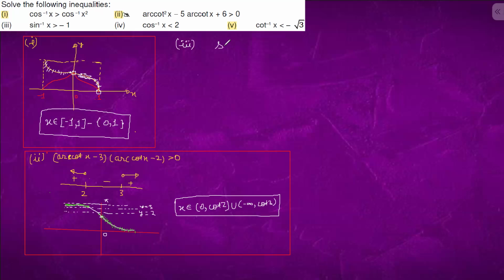Sine inverse x bigger than minus 1. Then first what we'll do? We'll plot a coordinate axis and draw a sine inverse graph.